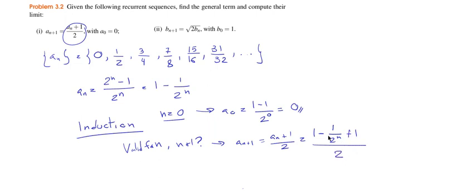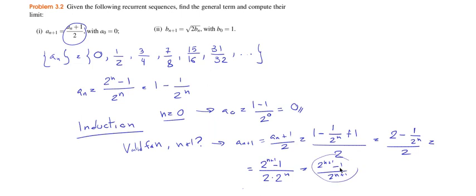Now 1 plus 1 is 2, so we have 2 minus 1 over 2 to the n, over 2. If you put this in the same fraction, this is 2 to the n plus 1 minus 1 over 2 that multiplies 2 to the n, and this is 2 to the n plus 1, which is the same expression as we had, but with n plus 1.